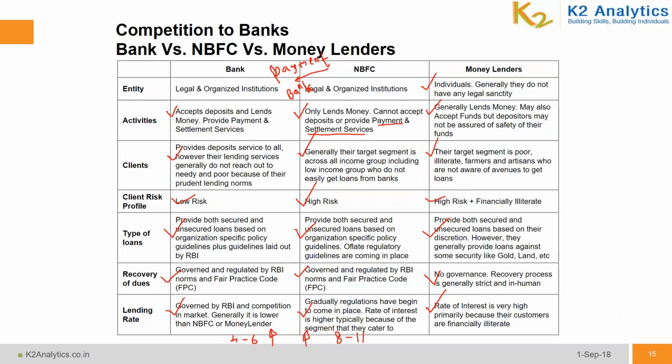Some of the priority segments banks directly lend to. However, for some of the priority segments, they do not have the wherewithal to reach that segment, and they do not have the wherewithal to evaluate the risk of that segment.